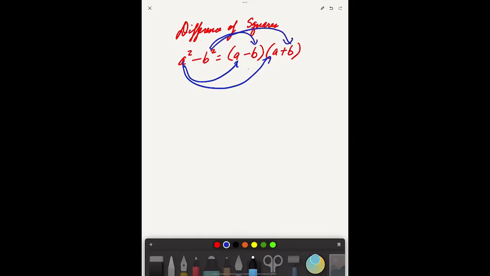The only thing you got to be careful of is to make sure that one is a minus and one is a plus. It doesn't matter which one, but one has to be minus, the other one has to be plus. Boom. That's the difference of perfect squares. This is true for variables. It's true for numbers. I'm going to show you how to use it.